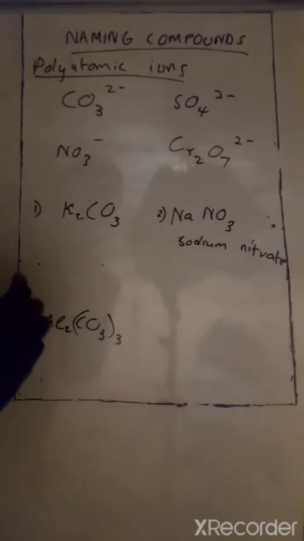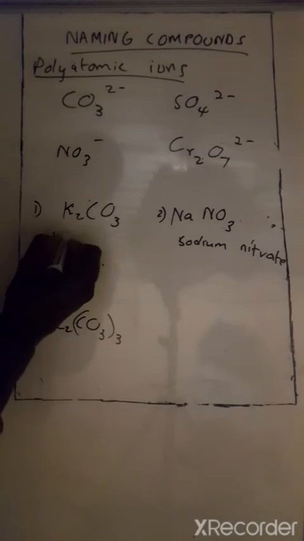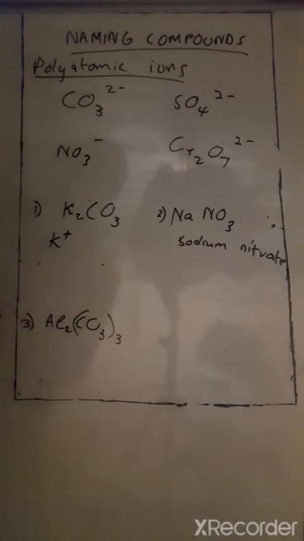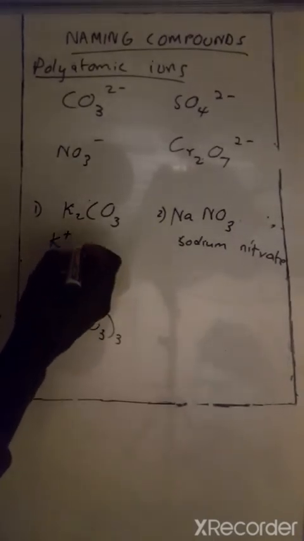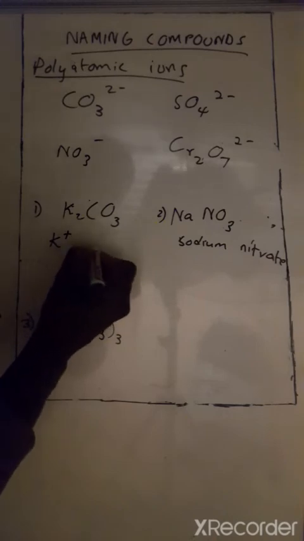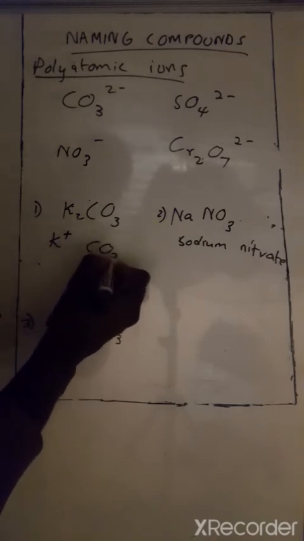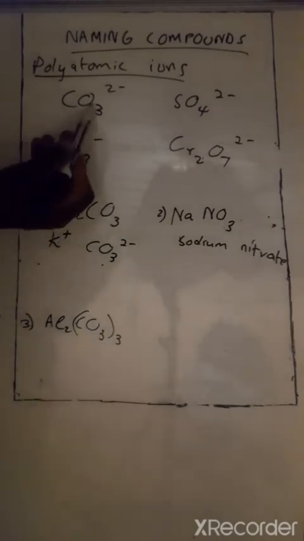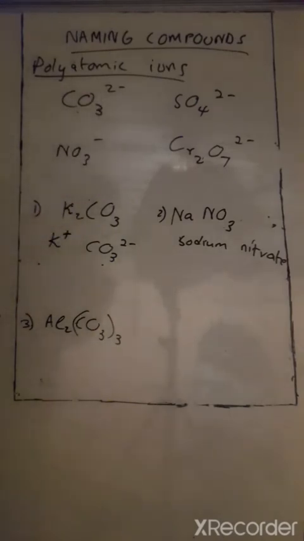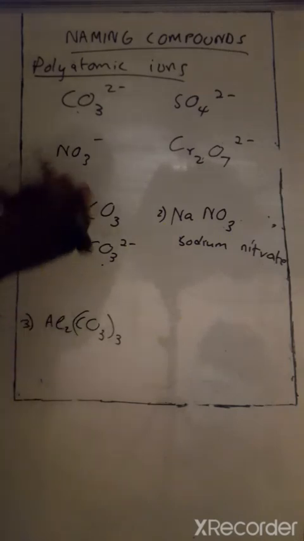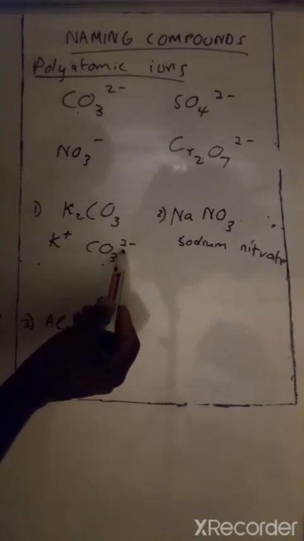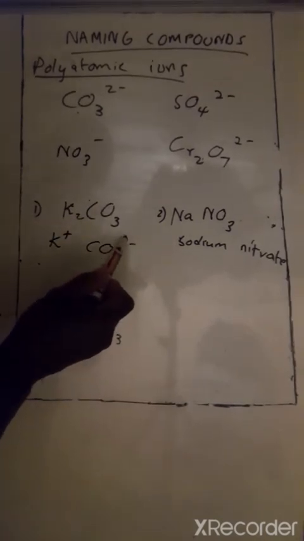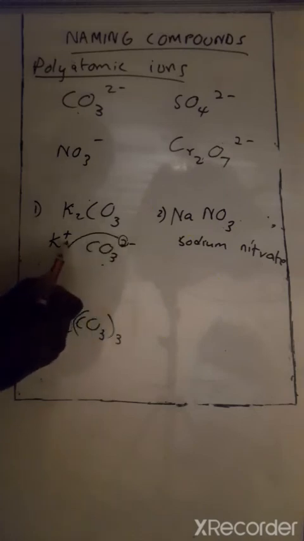Now I want to show you, potassium is in group 1, will lose its 1 electron, become positively charged. And then with the carbonate ion, as I have shown you here, we are going to have these two coming this side.